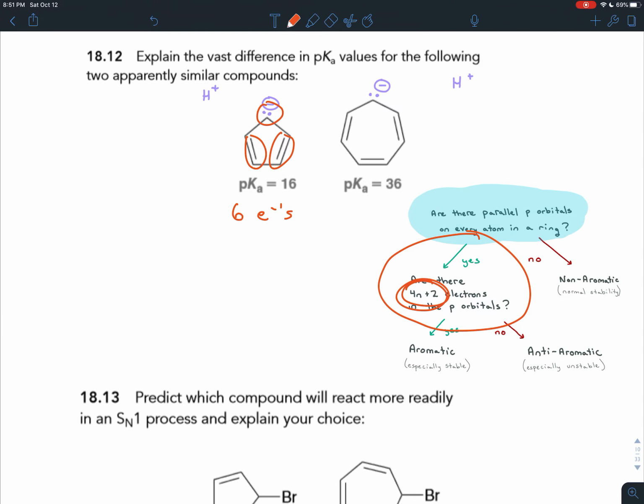Is that summarized by this pattern? It is. If you plug 1 in for n, then you get 4 plus 2, that's 6 electrons. And because the p orbitals there do have that Huckel's number, 4n plus 2, of electrons, the molecule on the left is aromatic. In other words, it's very stable.